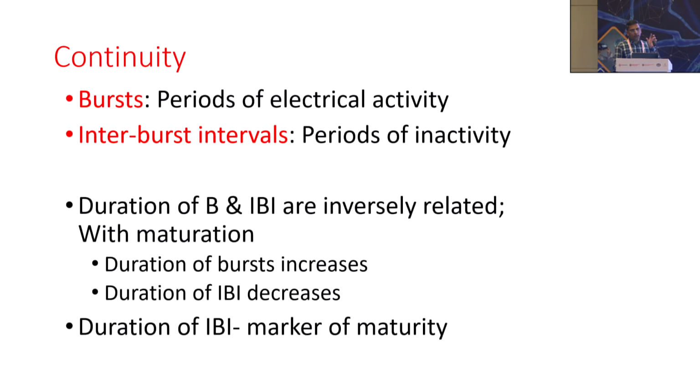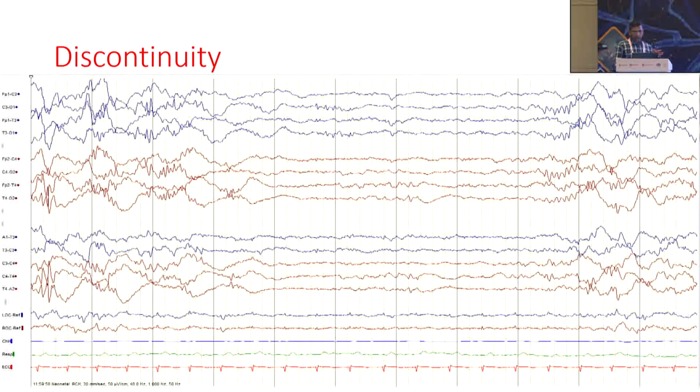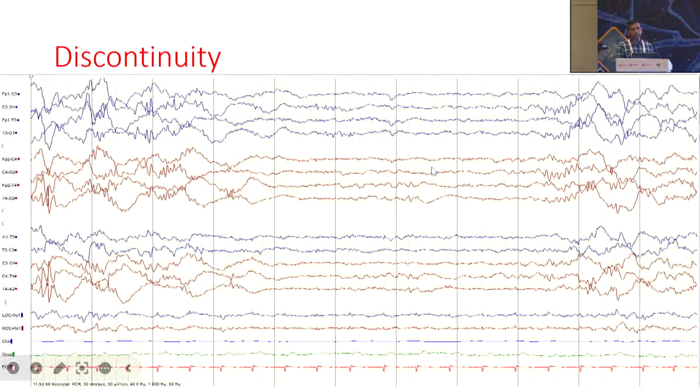The amount of discontinuity is a matter of gestation, right? The more premature the baby, the more discontinuous it is. The amount of discontinuity here, typically if you see in this page, 1, 2, 3, 4, is about 4 seconds. Our interburst interval is 4 seconds. This is clear?